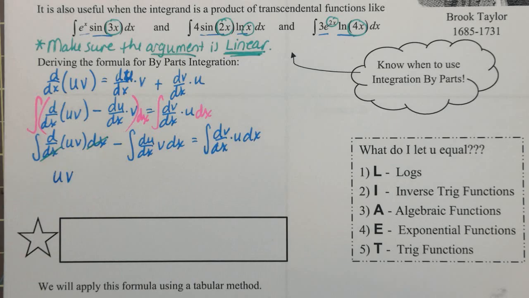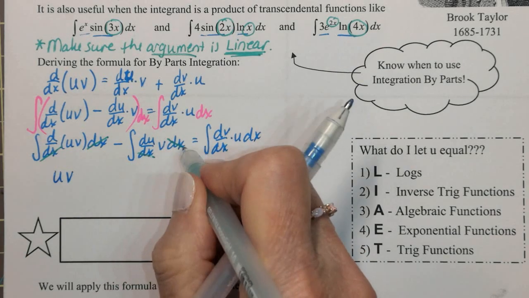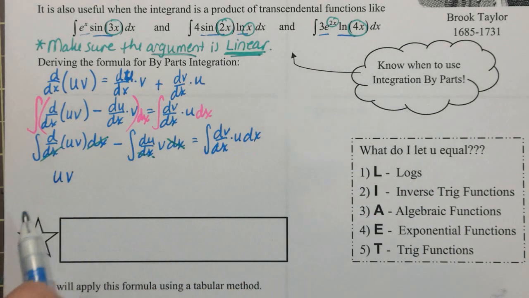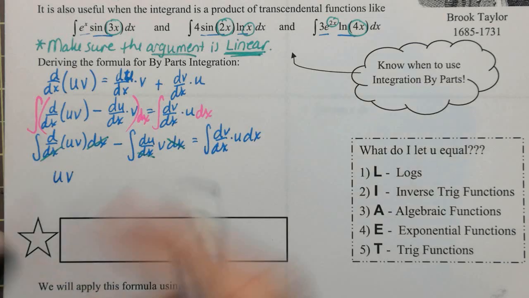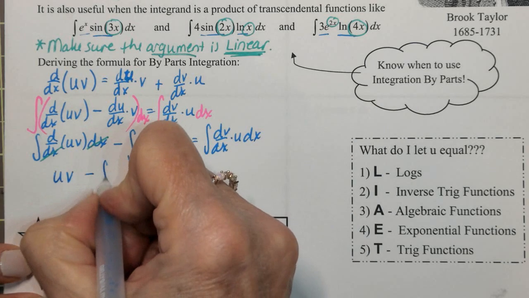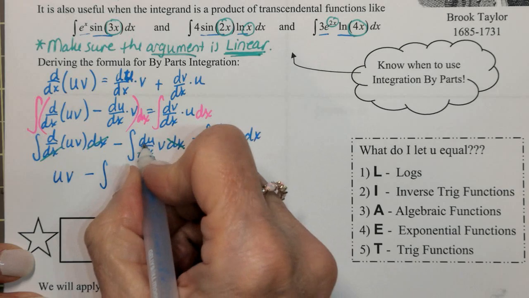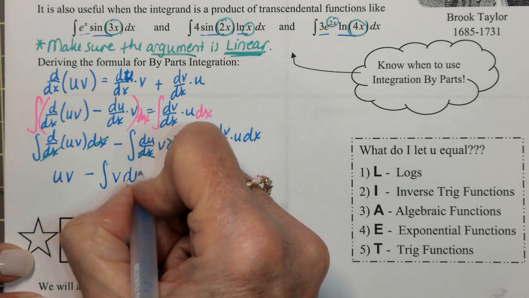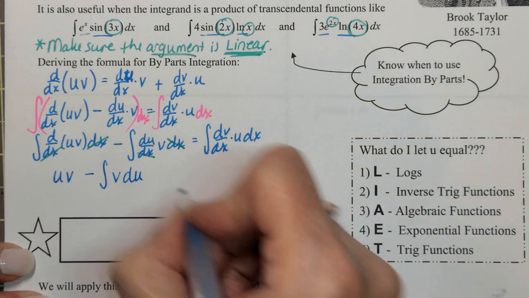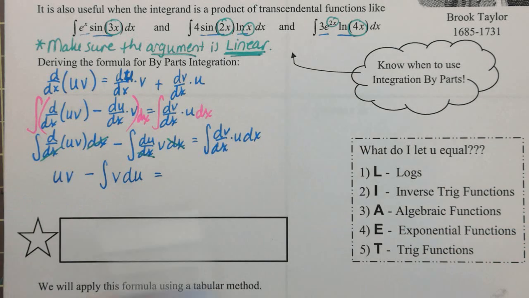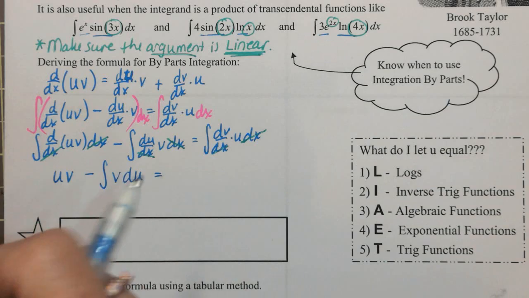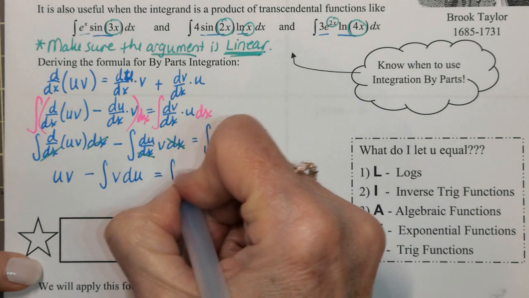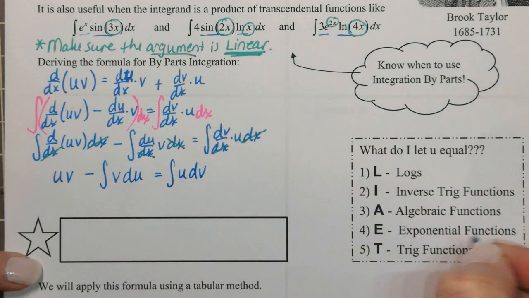Over here, the dx, I think of it as canceling out, Leibniz's wonderful fractional notation there, minus the integral. We still have du times v, right? I'm going to write that as v du in that integrand. And this is equal to these dx's, and then we have the integral of u dv.